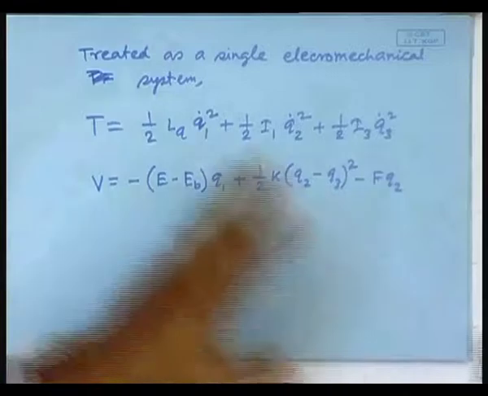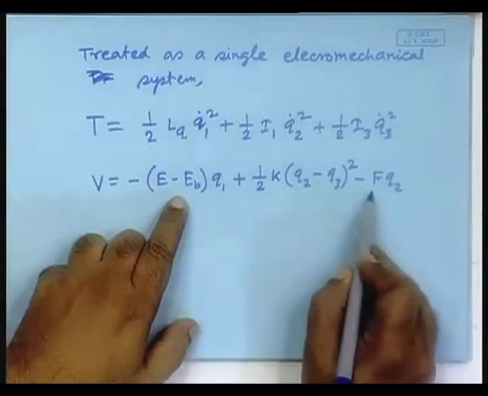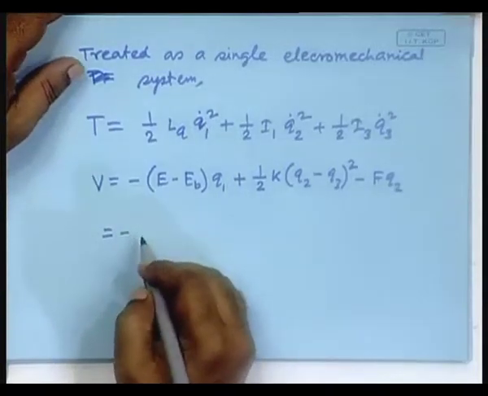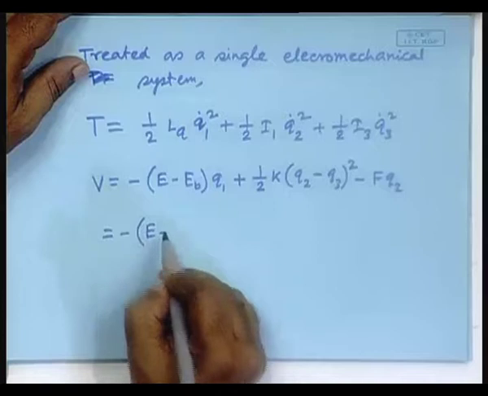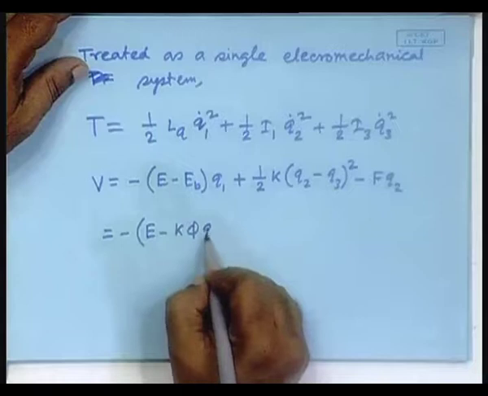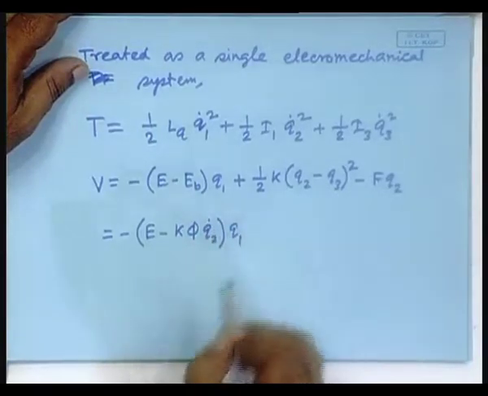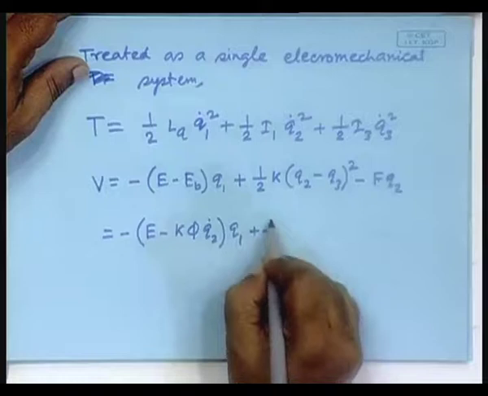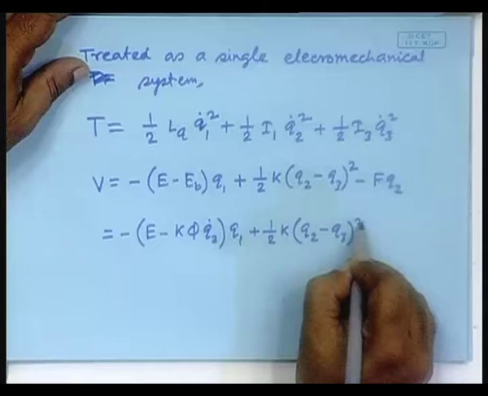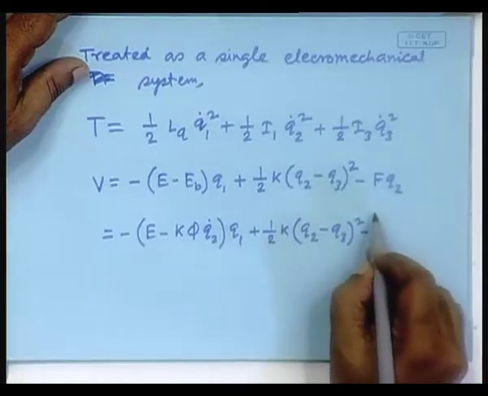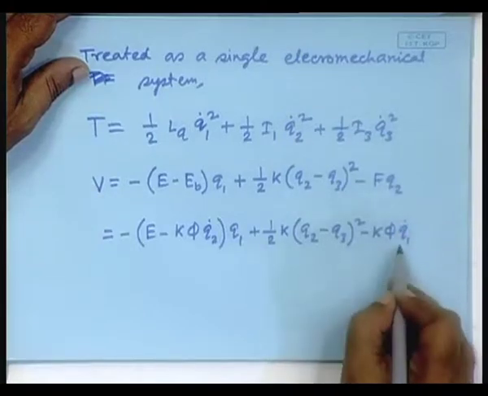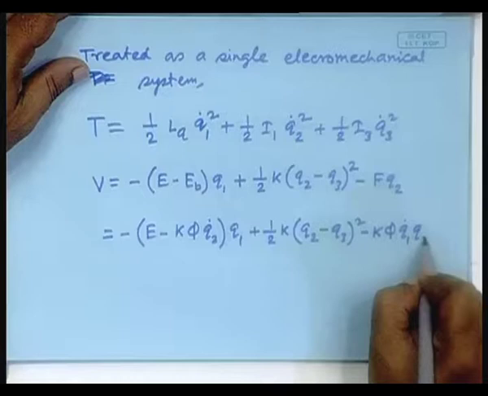So, let us first substitute what we know they are. Substitute it, you get minus (E minus K phi), E B is Q 2 dot Q 1, plus half K (Q 2 minus Q 3) square, minus F, which is K phi Q 1 dot, right, K phi I A Q 2.